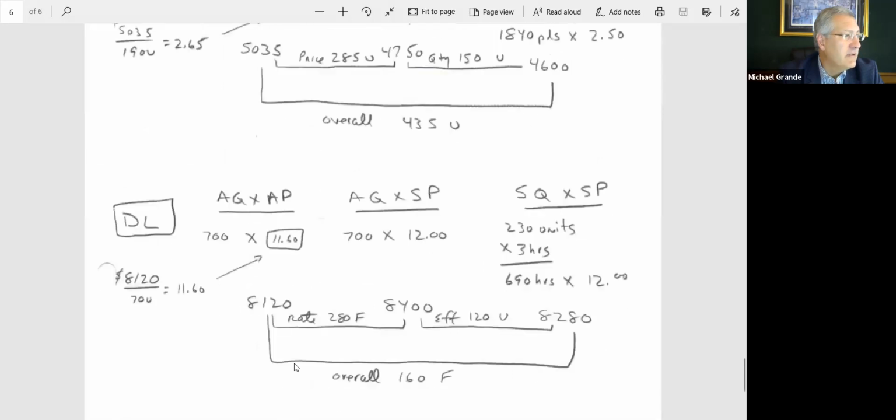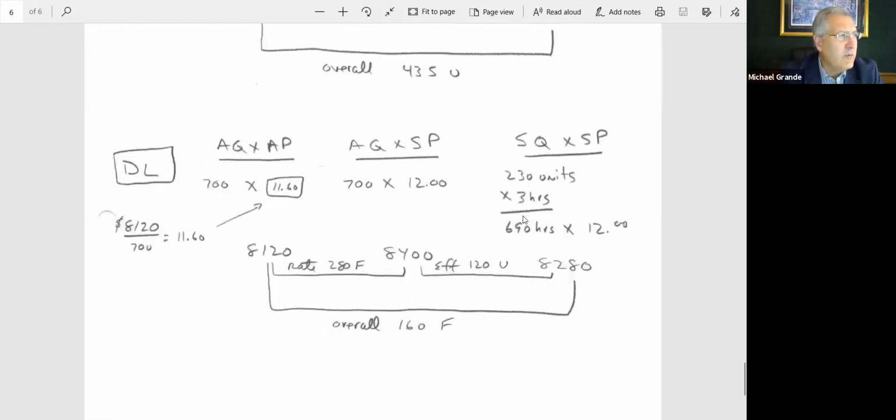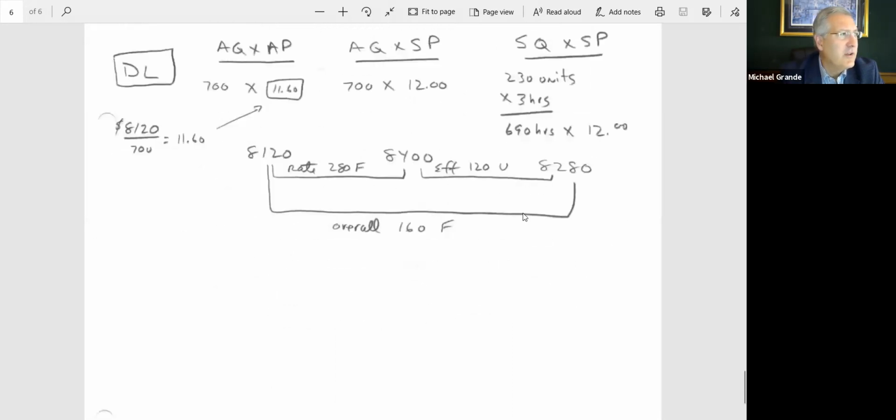Let's look at direct labor. Again, let's start with the standard. Working with first the actual output. The actual output stays the same at 230 units. The standard was that they spend 3 hours per unit. They should have used 690 hours at $12.